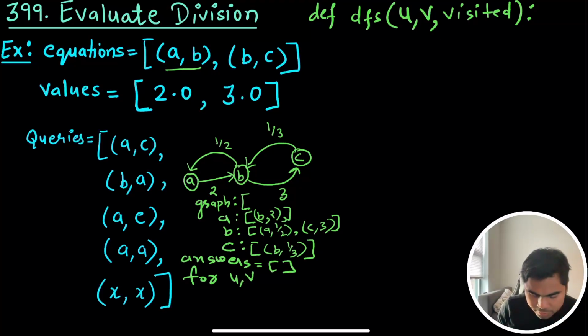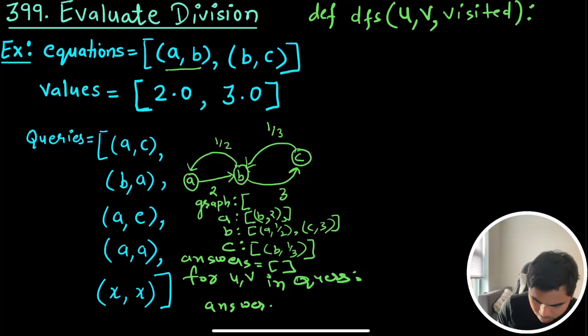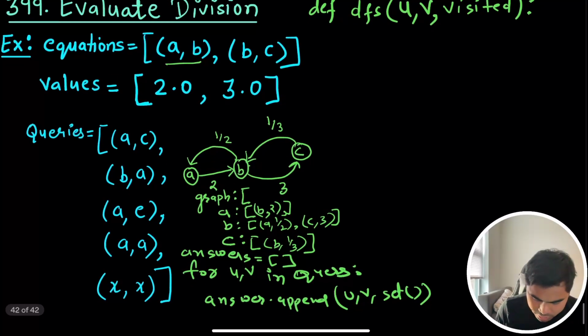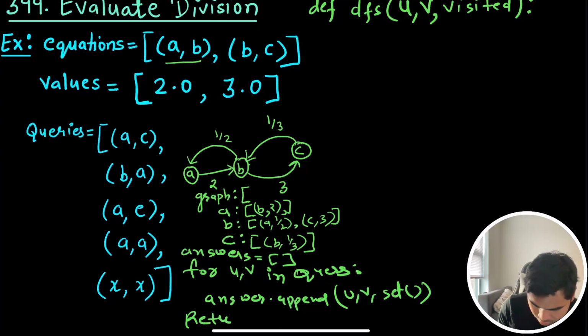So for u and v, source and destination in queries, I will do answers dot append, and I will send in u and v and a visited set, just an empty set that I'm sending. And in the end we can just return answers.